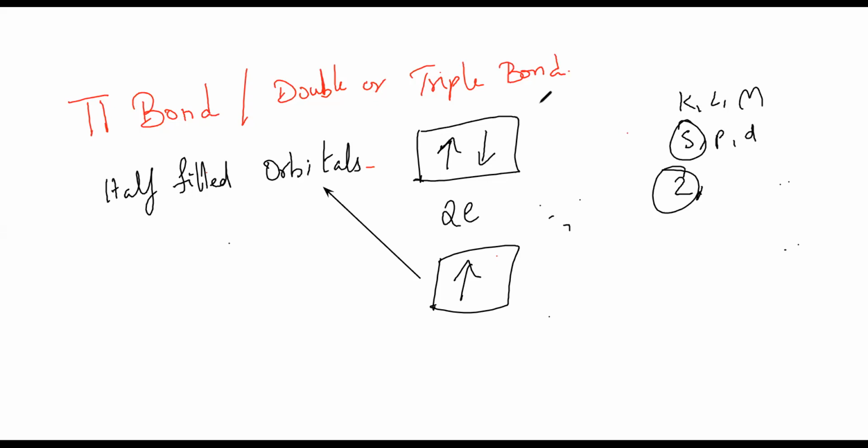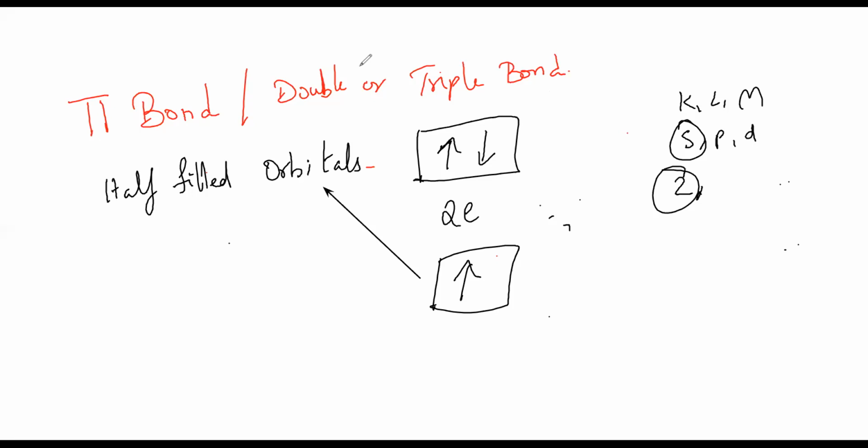Now coming to the importance of this. Sigma bond was for what? Same axis overlapping, correct? Now I will explain. I'll write down here. This is not of the same axis. This is sidewise or lateral overlapping.